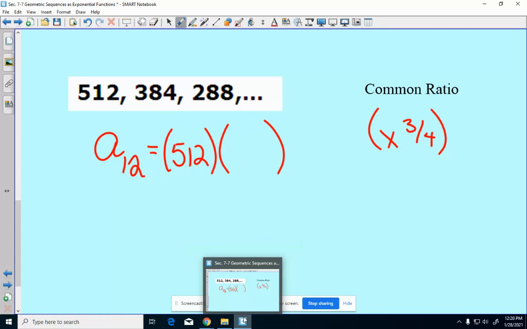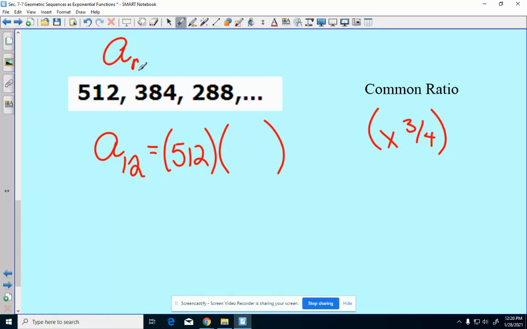Goes 3/4, because remember, this formula, A sub n, is found by taking the first term multiplied by the common ratio raised to the 1 less power than whatever you're looking for. So I would put 3/4 in here and I would raise it to what power? Caitlin? To the 11th power.